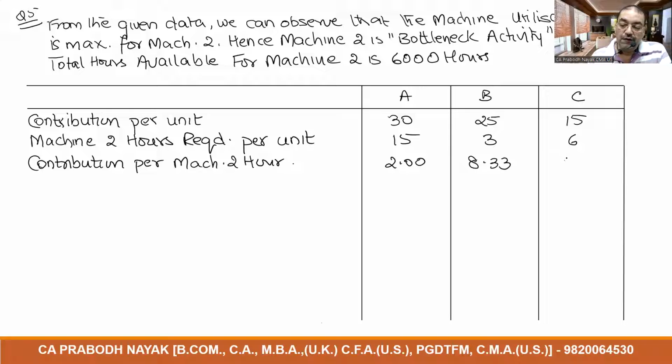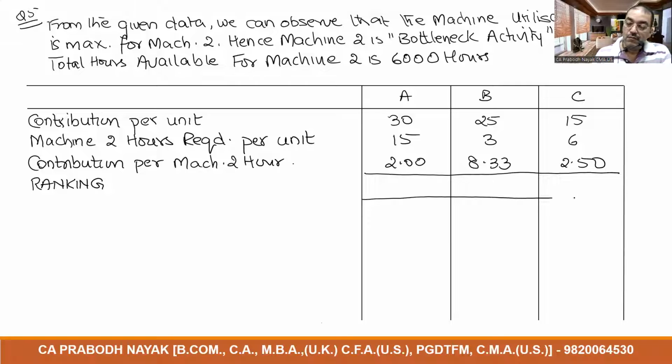And 15 divided by 6 is 2.5. Maximum is given by B, so that is 1. Second is by C, so that is 2. Third is by A, so that is 3.